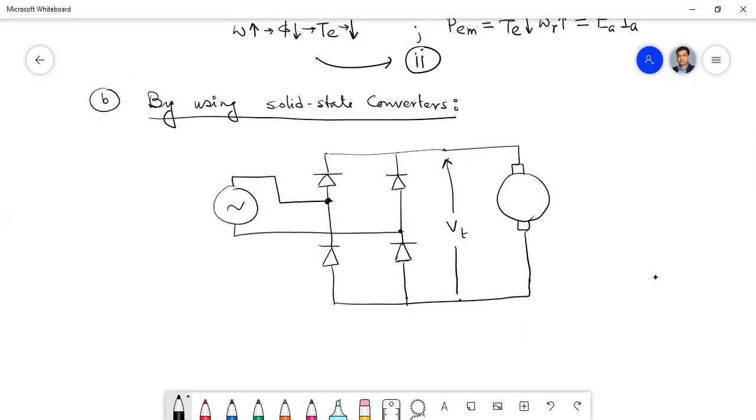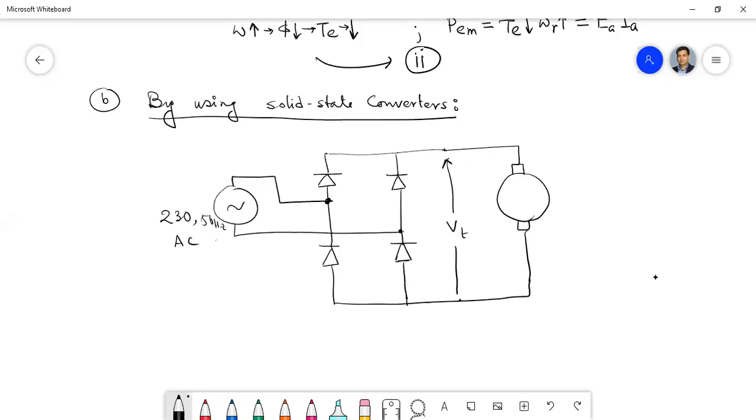You don't have any control on the output voltage of this rectifier, because if we have a fixed alternating supply, it will give a fixed DC supply. Suppose the alternating voltage is 230 volt 50 hertz AC. What will we get on the DC side? What will be the DC?